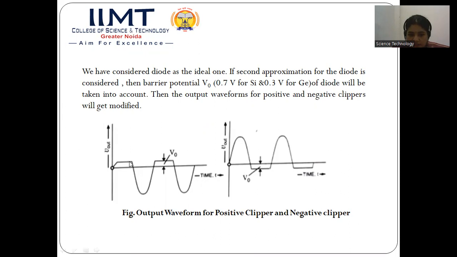So this is how the output waveform will look in the positive clipper, and this is for the negative clipper. This portion of the voltage is basically this barrier potential V naught, which is 0.7 for silicon and 0.3 for germanium. The first image is the output waveform for the positive clipper, and the second image is the output waveform for the negative clipper.